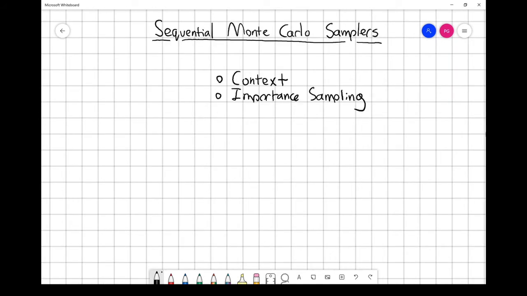So we're going to start by describing the basic fundamental problem that we want to address, and then we'll give some context to that problem with an example.